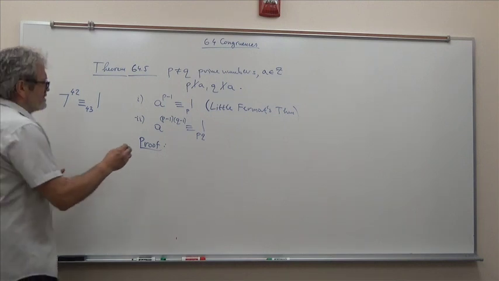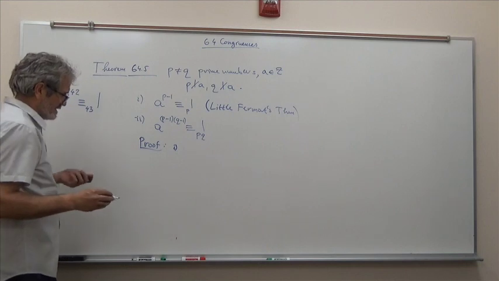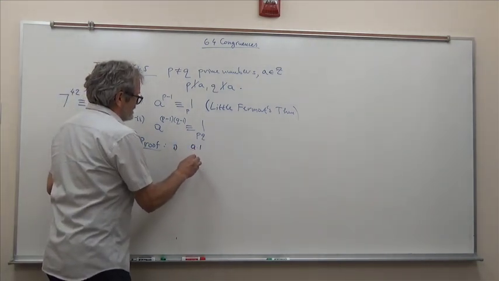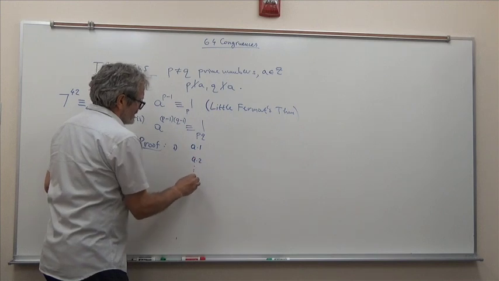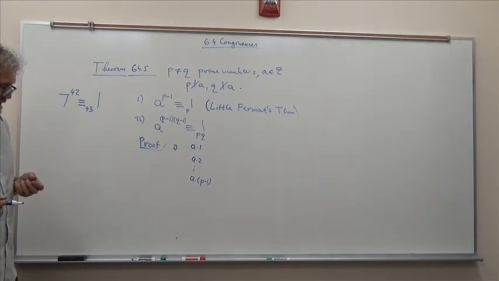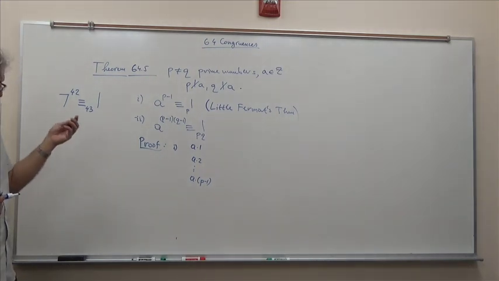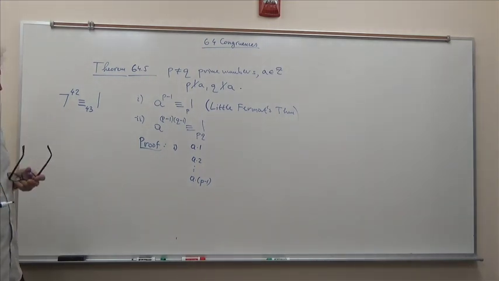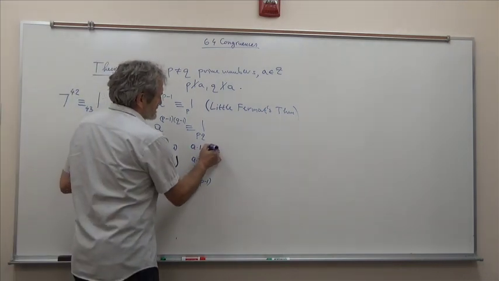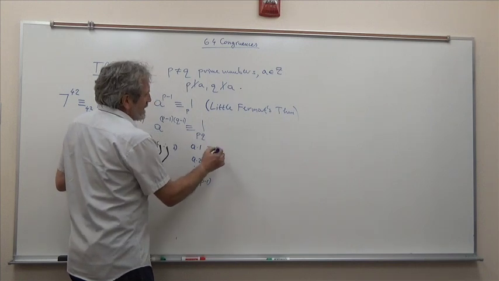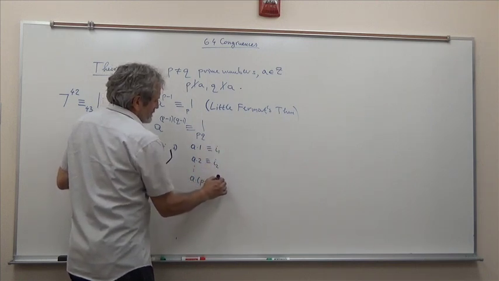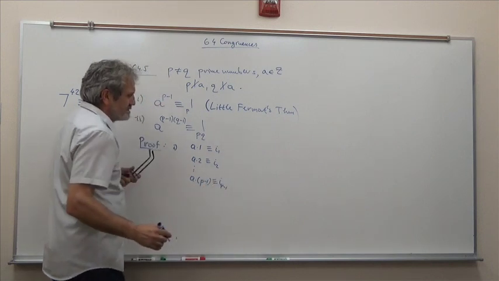What is the idea of the proof? Let me look at the numbers a times 1, a times 2, up to a times p minus 1. These numbers, and that's maybe not obvious, but it's fairly easy to prove, each of them is congruent with different numbers. So it's congruent with some number I1, congruent with I2, congruent with I p minus 1.